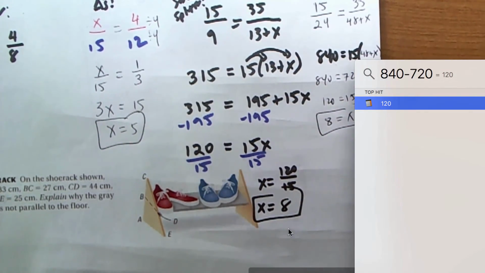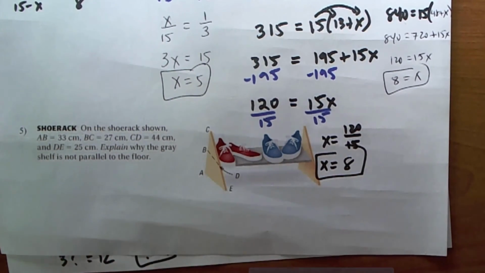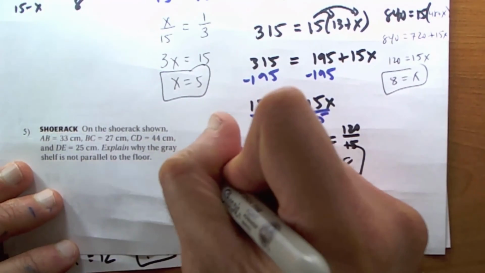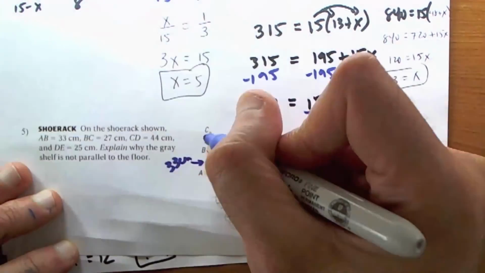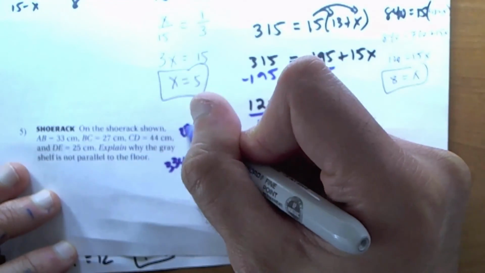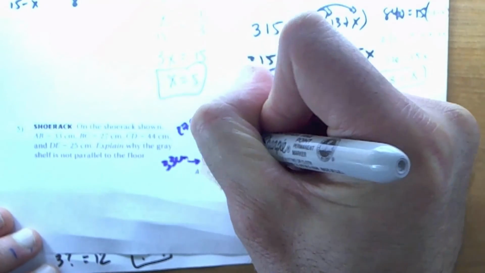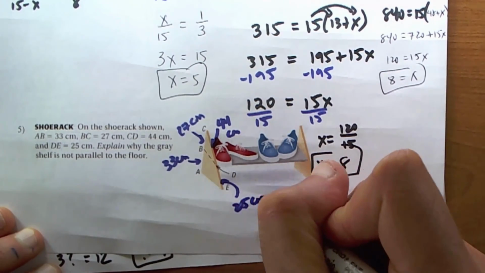Okay, so our last question is, we have a shoe rack. On the shoe rack, AB is 33 centimeters, BC is 27 centimeters, CD is 44 centimeters, and finally, DE is 25 centimeters.